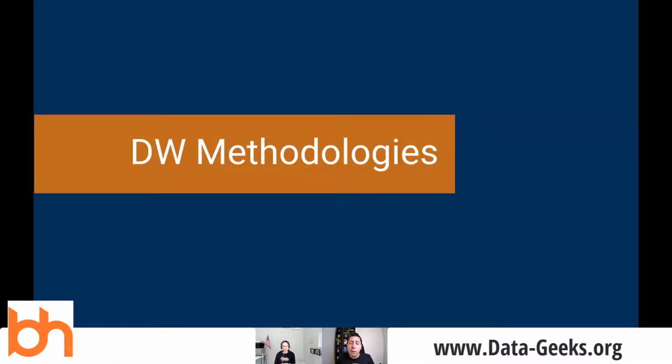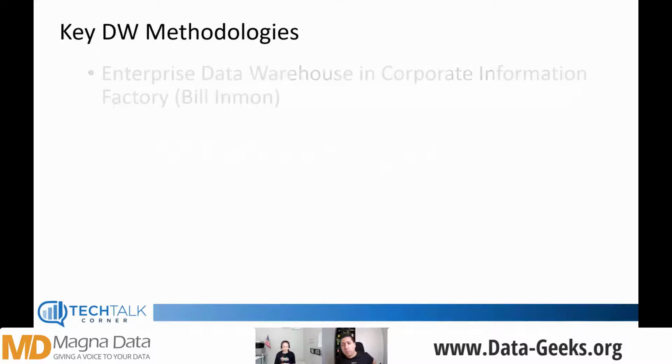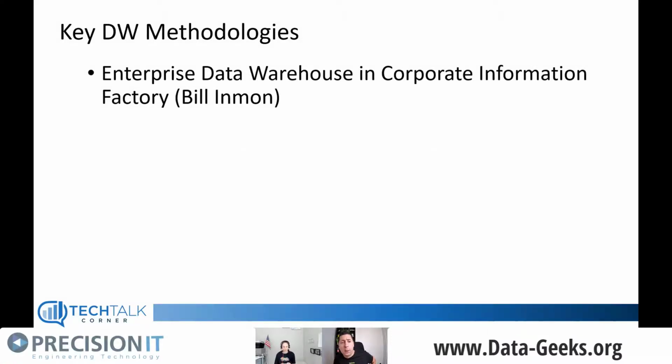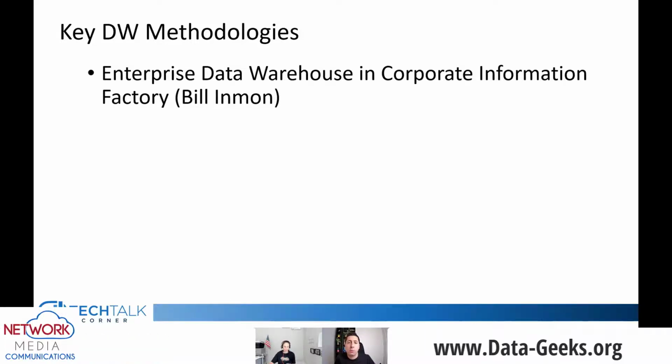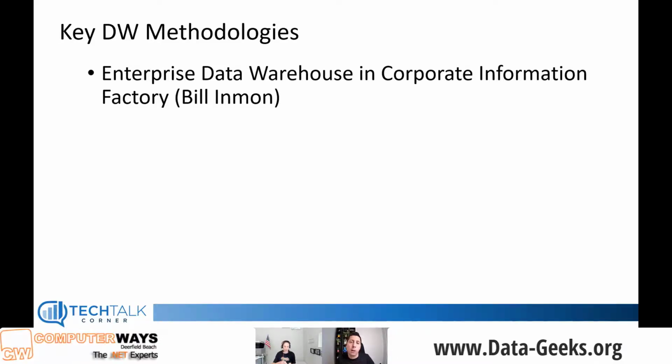There are many methodologies, but I'd like to highlight 3 key data warehouse methodologies today. The first one will be the one from Bill Inmon: the enterprise data warehouse highlighted in the Corporate Information Factory. So the data warehouse is the key component of that. Corporate Information Factory is in the middle.